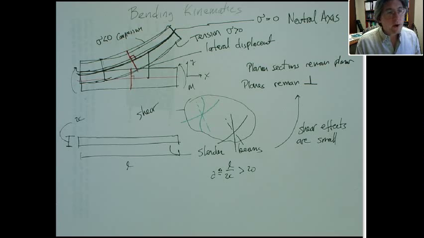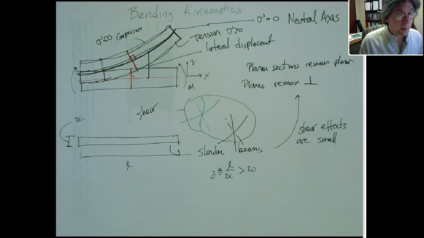Less than 10 becomes questionable how good these assumptions are. And obviously, that's affected by how good of an answer you want. If you want a coarse approximation, maybe even an aspect ratio of 5 is acceptable. If you want a very good calculation and you have an aspect ratio of 10, you might want to consider shear to correct your answer. We'll talk about how to do that.